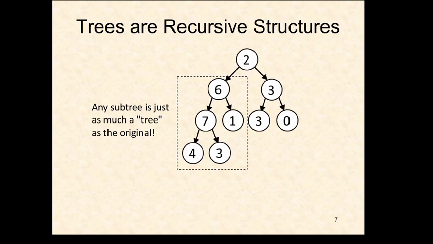Now another idea here, which is going to be more important later on, but we're going to mention today, is a subtree. This is more important to you now because of pairing heap.